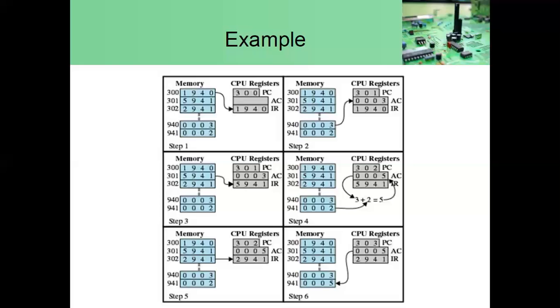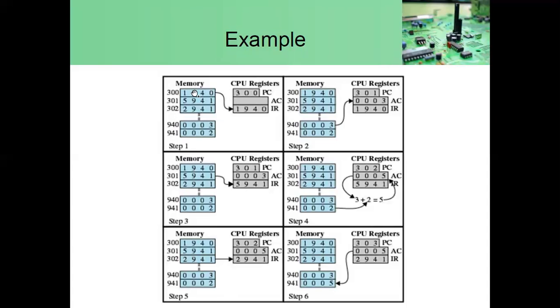One example is shown here. There's no need to go into details, but we'll try to learn from the diagram. Here you can see the memory and the CPU registers. In the memory we see the addresses 300, 301, 302, 940, 941.